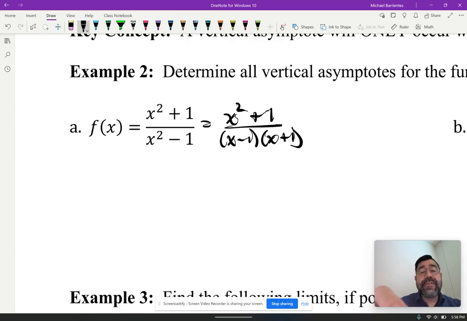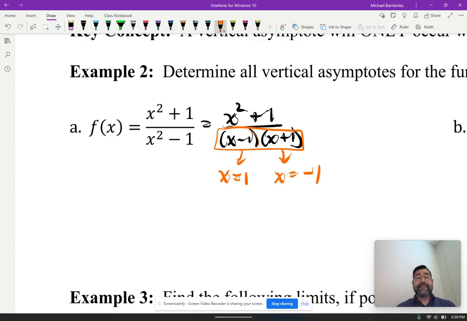So then you ask yourself, if nothing reduces, then what x values would make the denominator equal to 0? Well, what x value could I substitute here that'll make that first factor equal to 0? If x equals 1. And then what x value would make this factor equal to 0? If x equals negative 1.